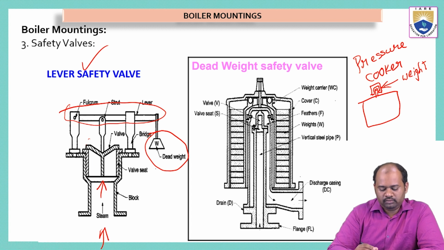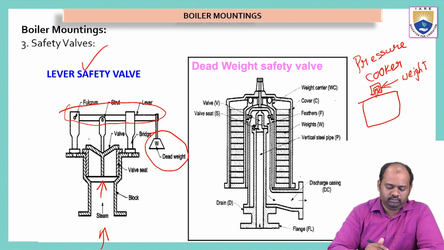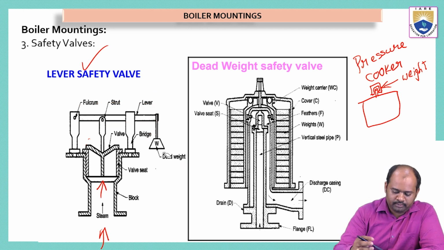Now, when the pressure inside the steam tank is below the weight, the weight attached to the lever will not move upward. The steam will simply keep trying to push upwards. So this is always trying to push up.